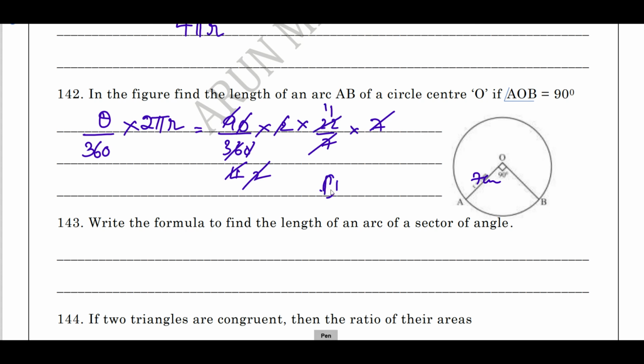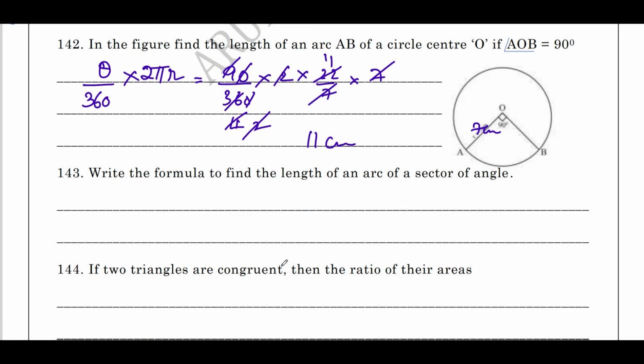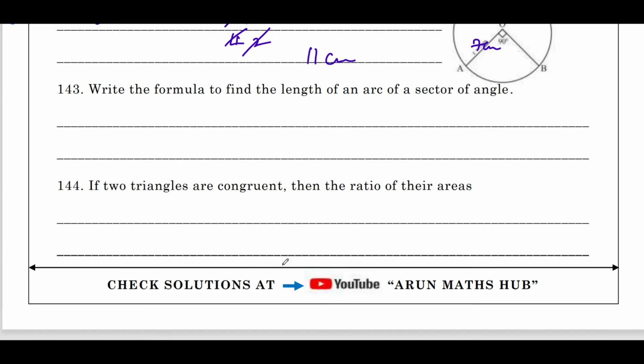Therefore we get 11 centimeter. Length of an arc is what? 11 centimeter. Write the formula to find out length of an arc. It is theta by 360 into 2 pi r.